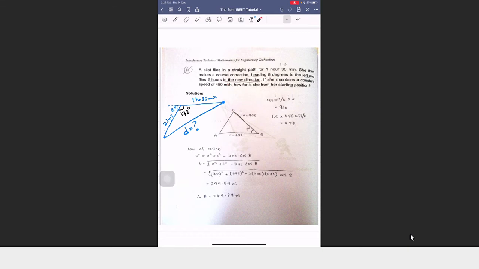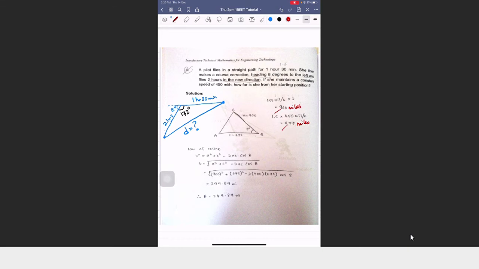So you just need to convert 1 hour 30 minutes as well as 2 hours into miles. This is the right calculation for the distance, in terms of miles.